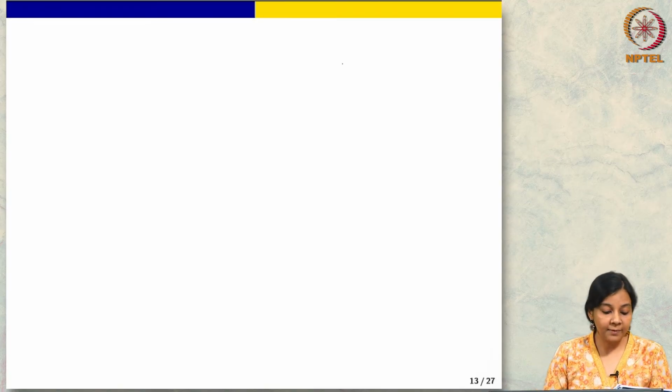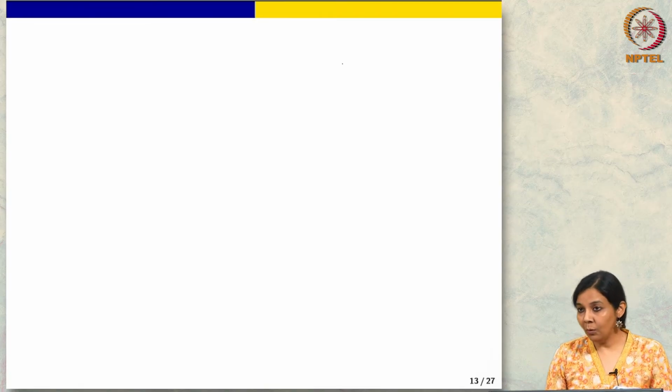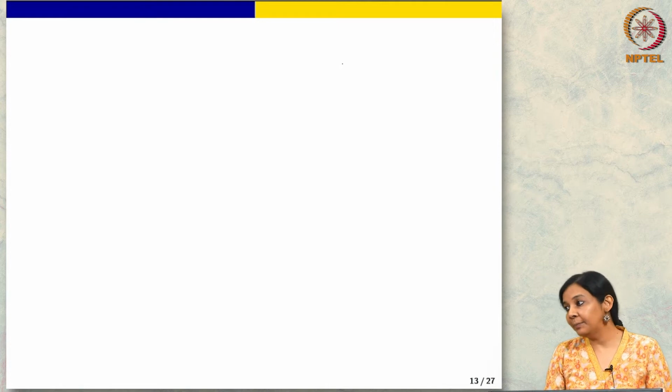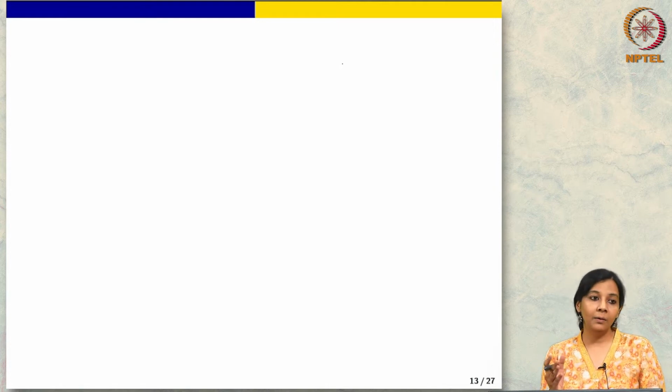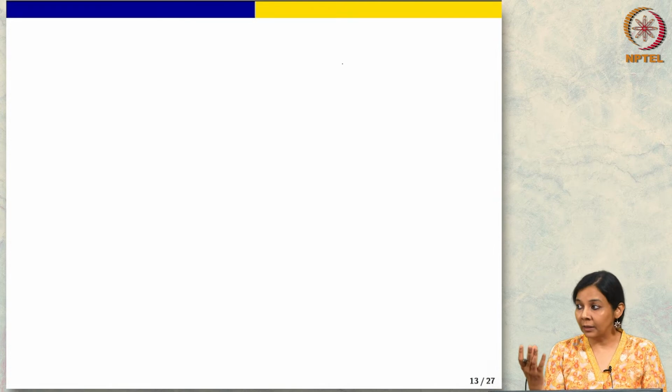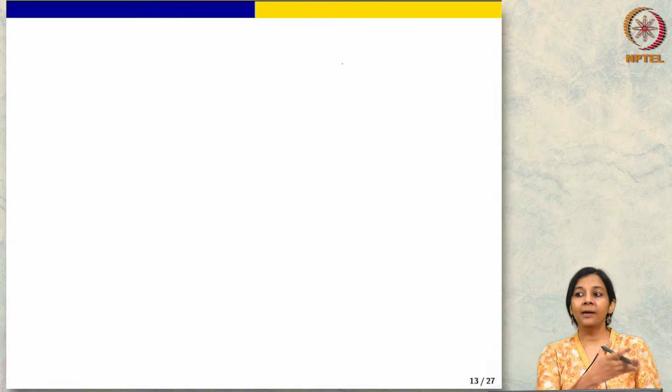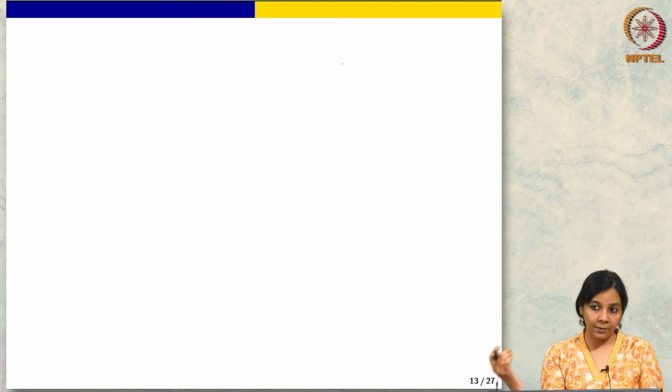Alright, so let us look at implementation now. Implementation basically means that we need to figure out an efficient quantum circuit that will take us from this representation to this representation.